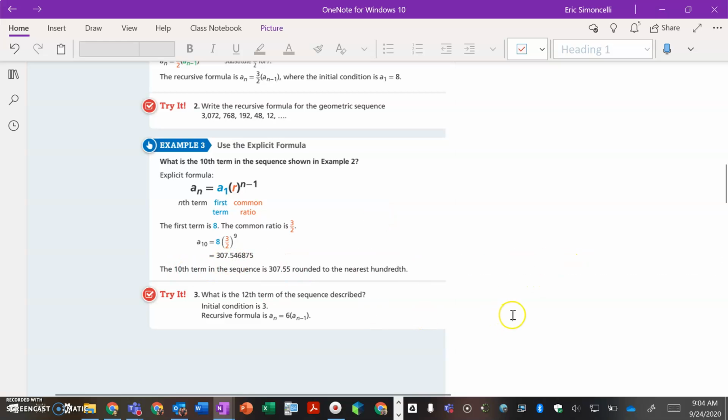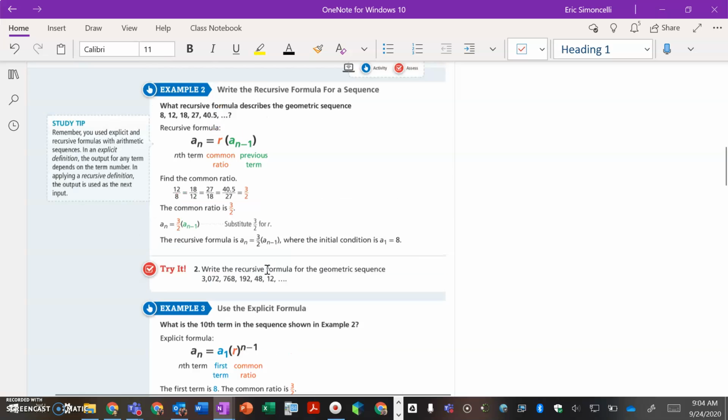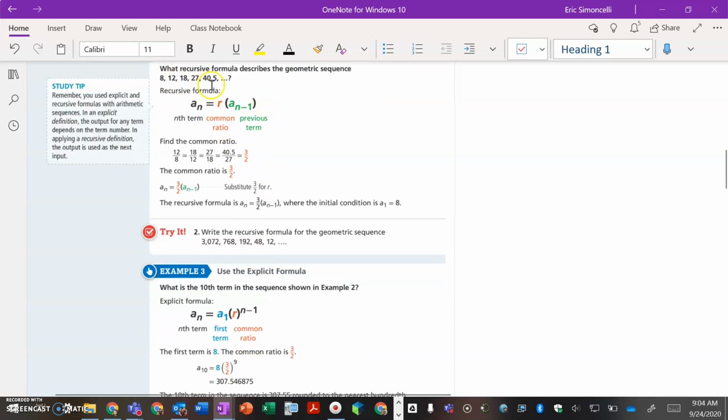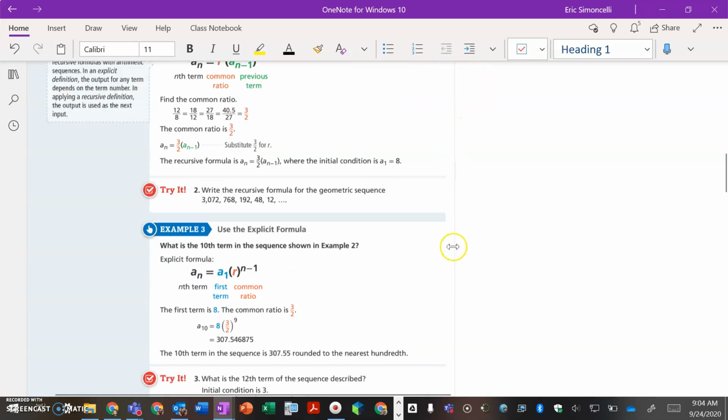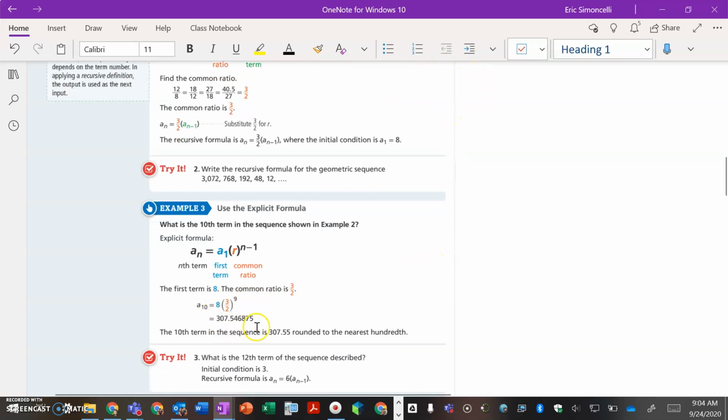The 10th term in the sequence is 307.55, rounded to the nearest hundredth. If you want to test this theory, go back up to example 2 and multiply, really starting after 40.5, by 3/2, 3/2, 3/2, and so on until you get to the 10th term. The 10th term will end up being this.